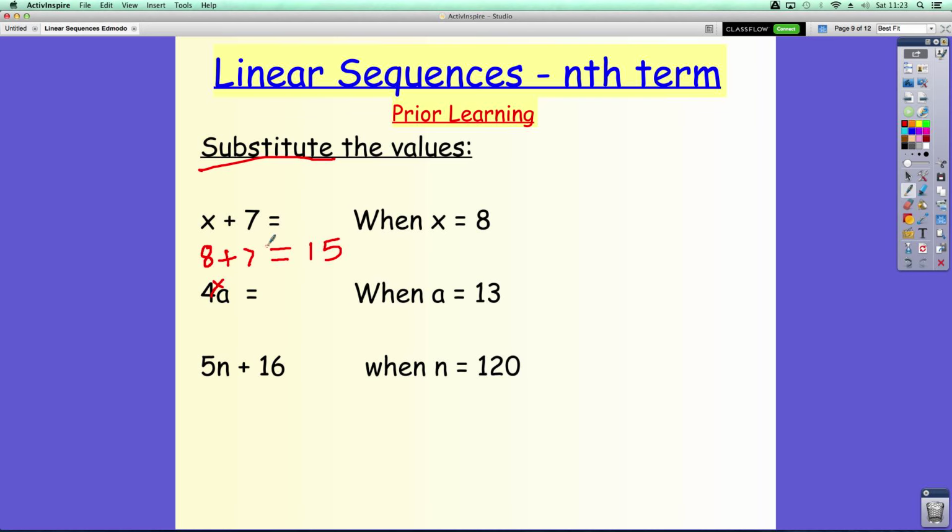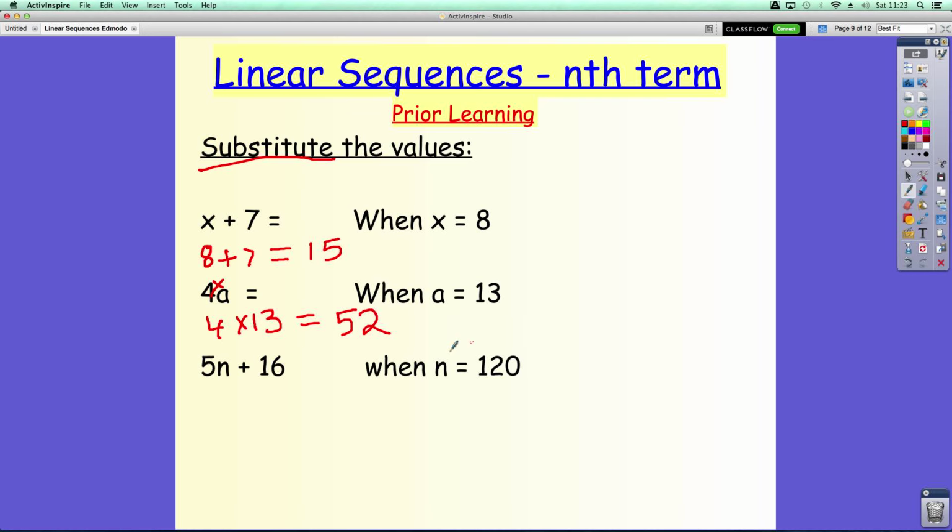In algebra we put them together when we multiply, so we don't need to write the times sign. So 4a is 4 times a, so when a is 13, that's 4 times 13, which is 52.